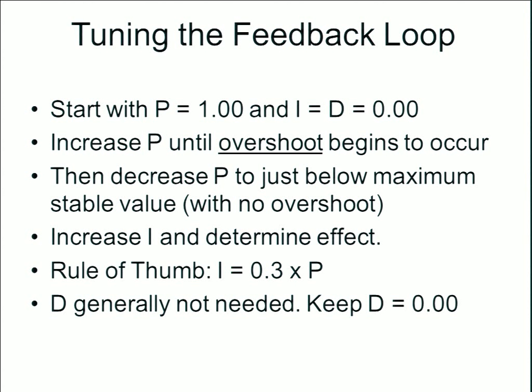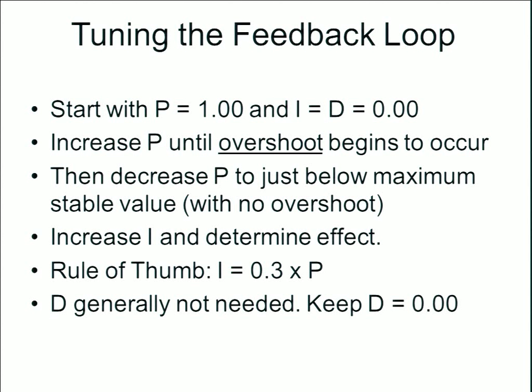It's not maintaining contact with the backside of that little hill or feature on your sample. If you see that occurring, then you need to decrease the P just below the maximum stable value, so just before there's overshoot.